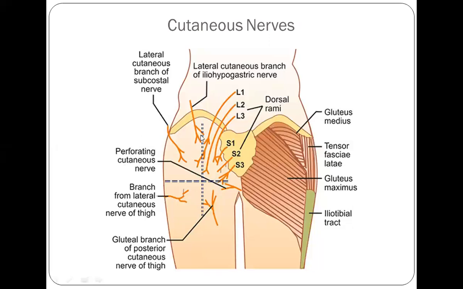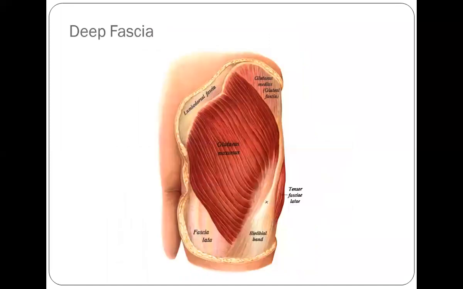So this would be the upper lateral quadrant, the upper medial quadrant, and so on. So when you divide the gluteal region into these quadrants, it'll be a little easier for you to learn these cutaneous nerves along with their root value. If you're able to remember these names, you can learn.